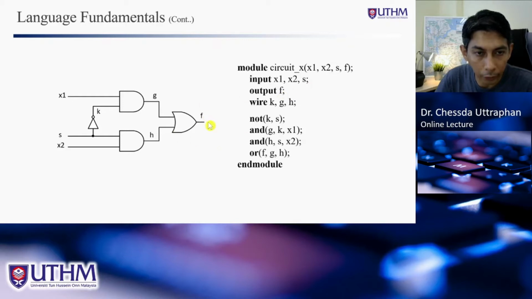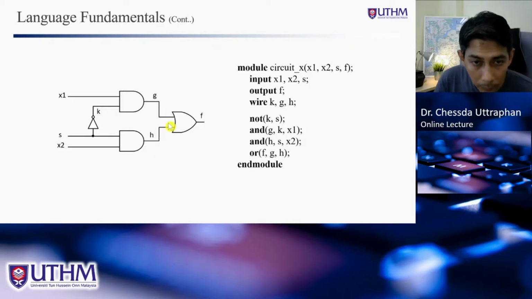Output is F. And we have internal wires K, G, and H, so we need to declare them as wire: wire K, G, H.